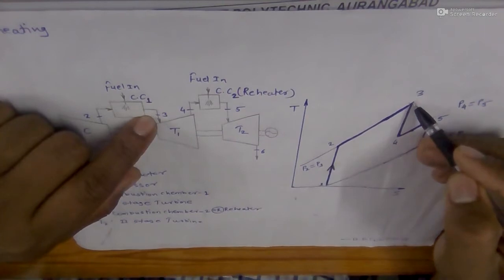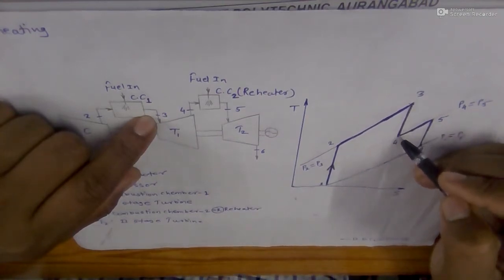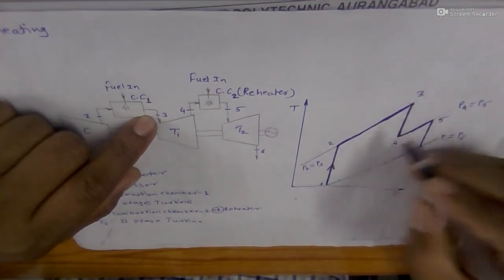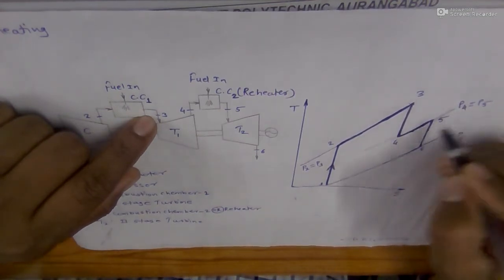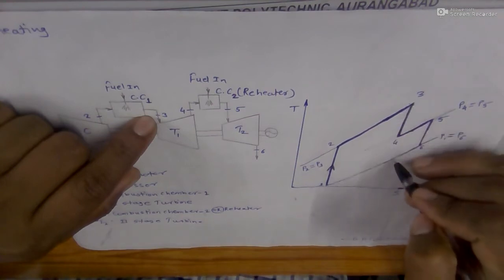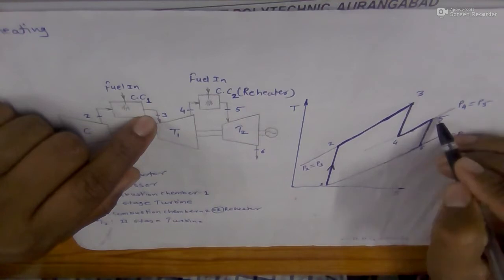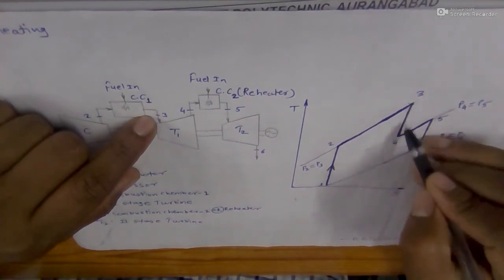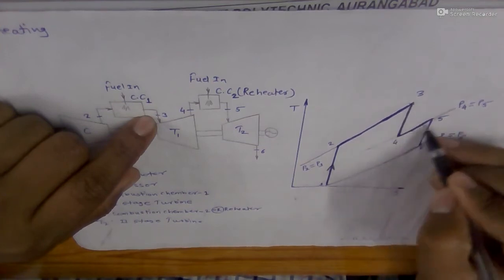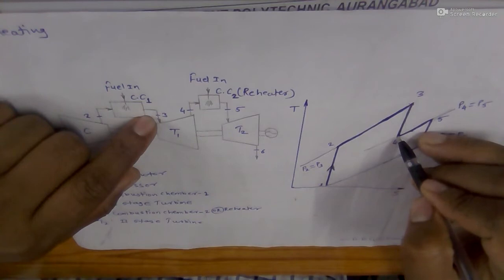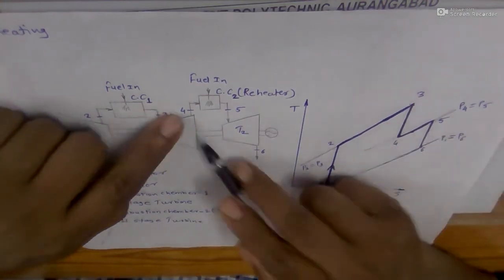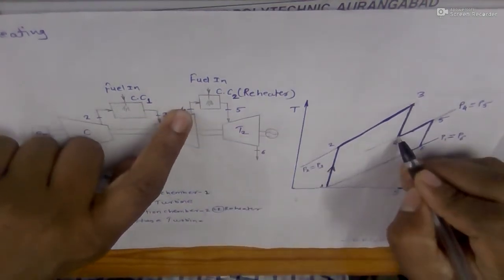The process will follow a vertical path, and it will fall on an intermediate pressure, termed P4 or P5. It will not directly fall on the initial pressure, that is P1 or P6. It will fall on the intermediate pressure. So this is P4 and P5, और P4 और P5 जो pressure line है वहाँ तक ये line vertically drop होगी, isentropic curve follow करते हुए. After that it reaches state 4. यहाँ state 4 है हमारा.